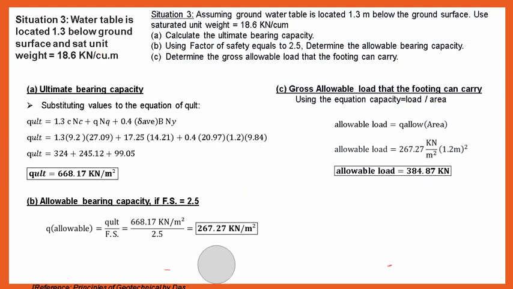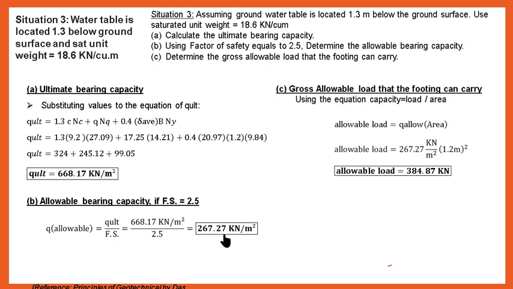So, substituting yung equation natin dito sa ating values natin dito sa equation, makukuha natin yung ultimate bearing capacity natin which is equal to 668.17 kilonewton meter squared. And for the allowable bearing capacity, ultimate bearing capacity over the factor of safety which is equivalent to 2.5.